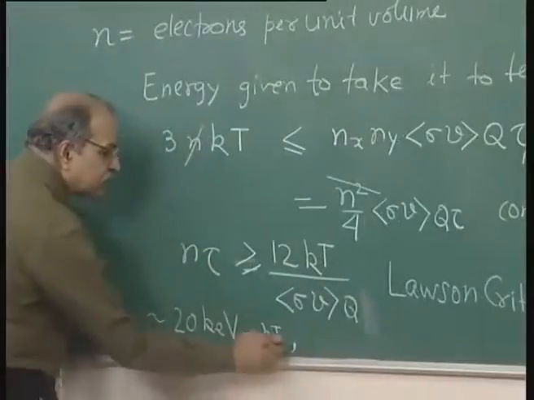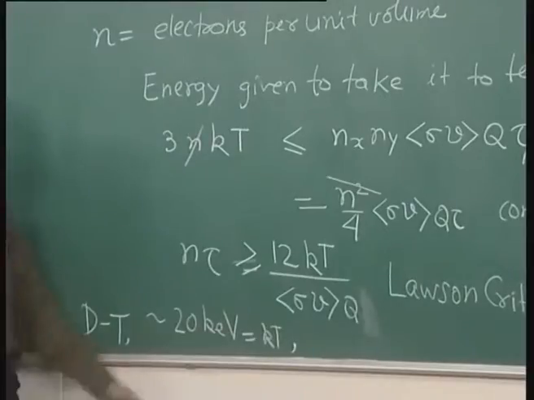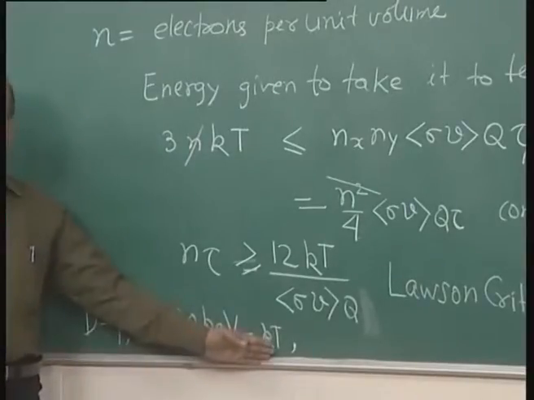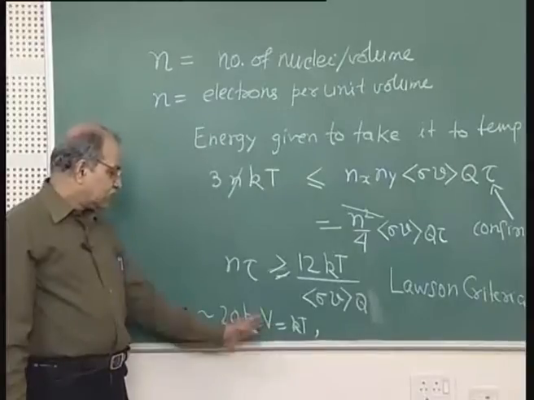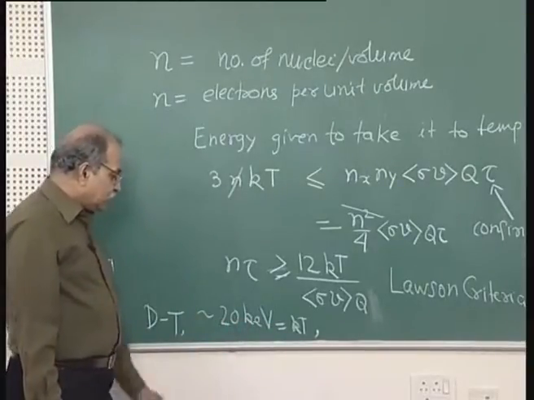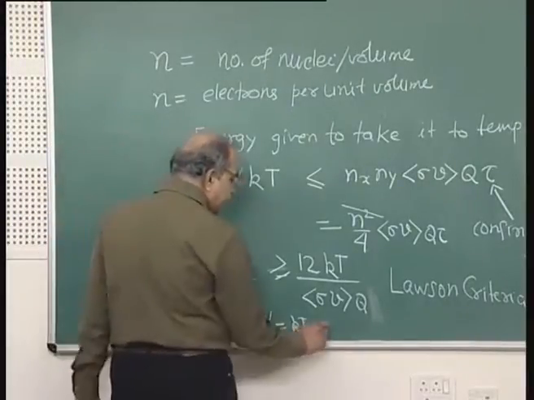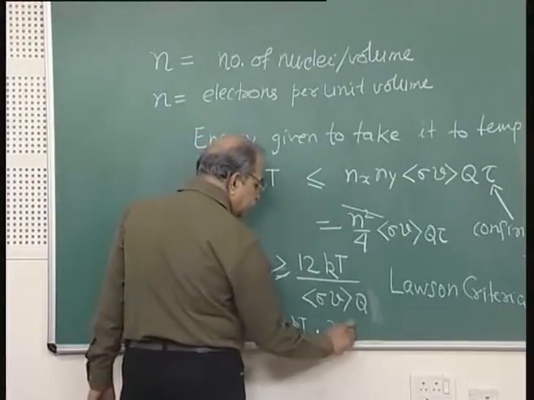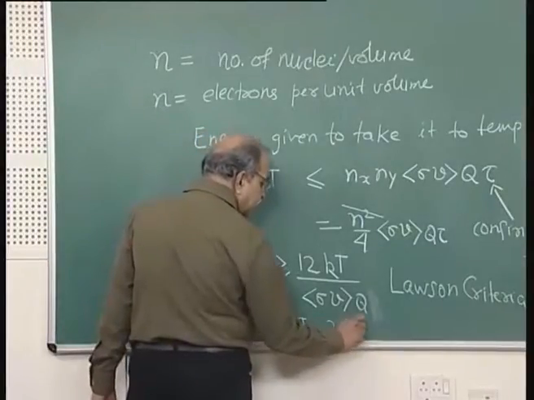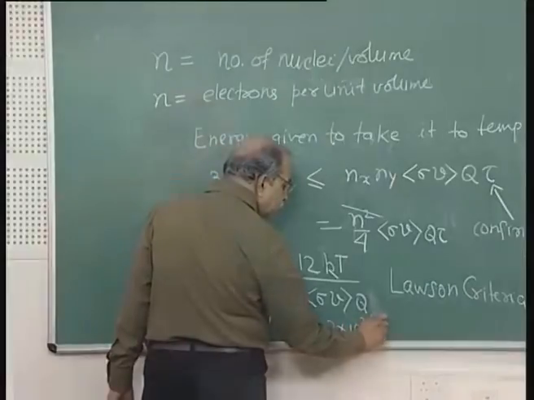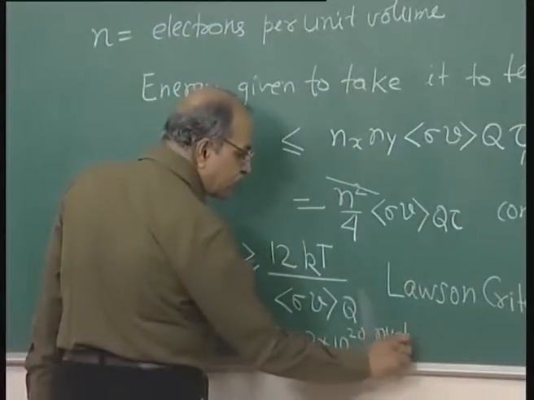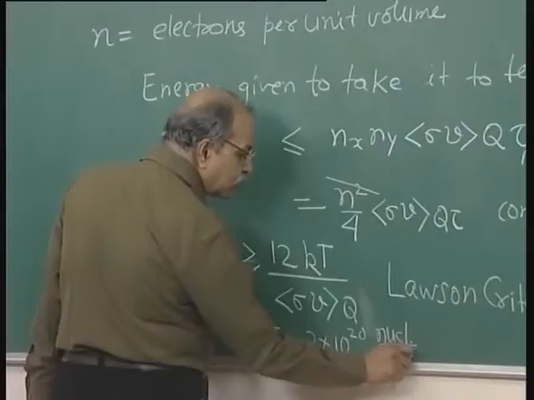In the fusion community, temperature is described in terms of kT, in units of kilo electron volts. So, at this temperature it is minimum, and it is around 10 to the power 20 or so. What units? Nuclei per meter cube and second.